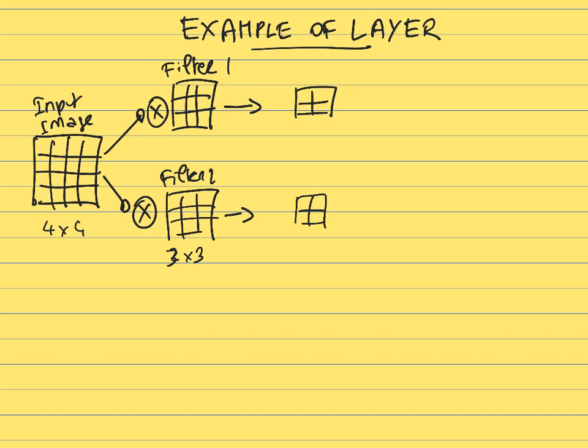And then the next step is the step of the activation. In the very same way that you have in an artificial neural network, you will start with this output image here. You will add a bias. When I say add a bias, I mean that you will add a constant number to all the values of this grid.